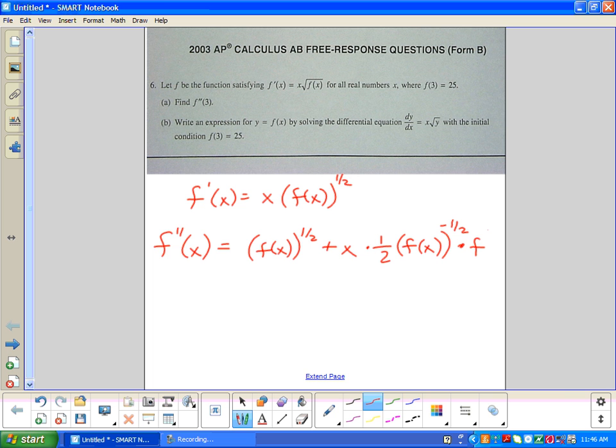Times f prime of x, the derivative of the inside. Derivative of f of x is f prime of x. All right. So that would be worth 2 points right there out of 3.